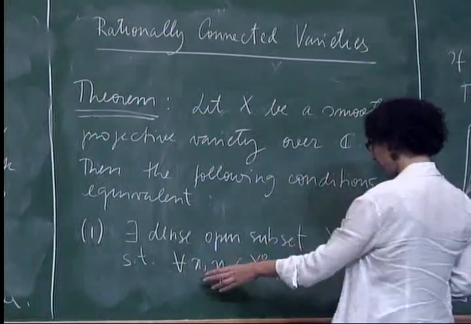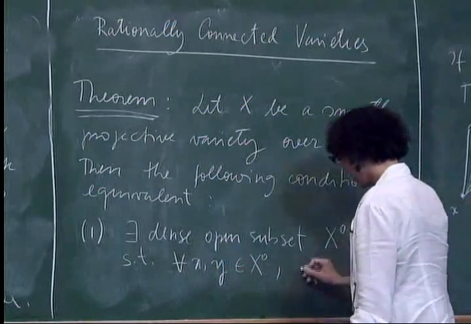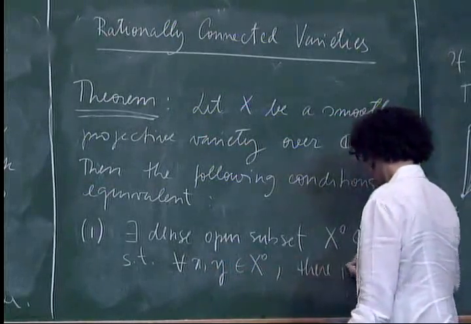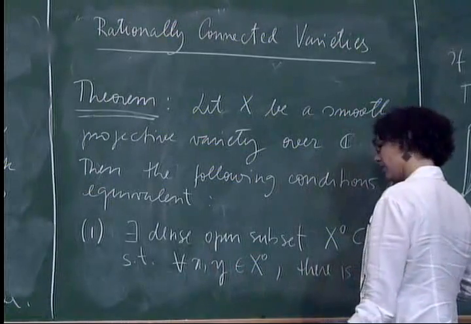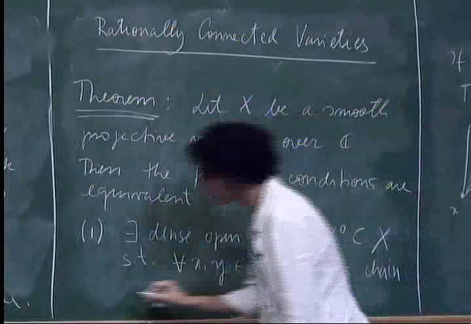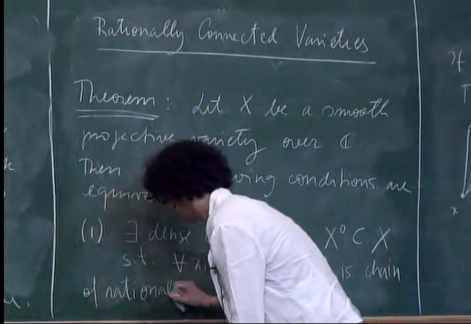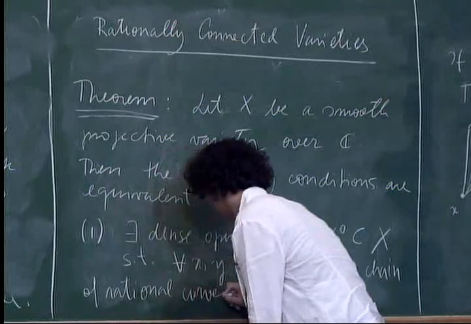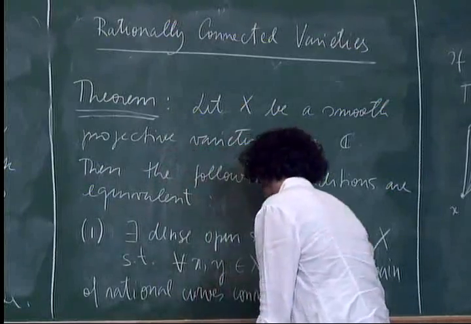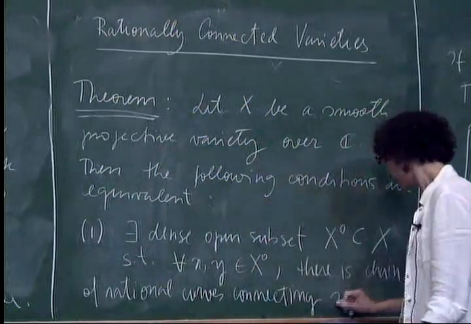So for 2 general points, there is a chain of rational curves connecting x and y.